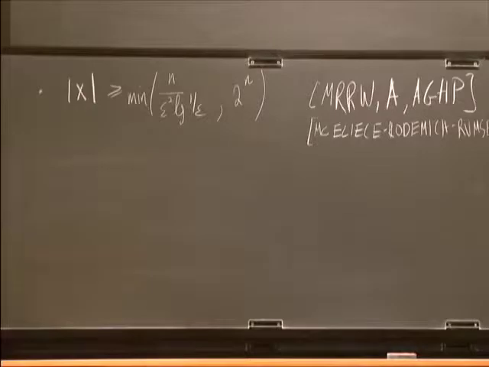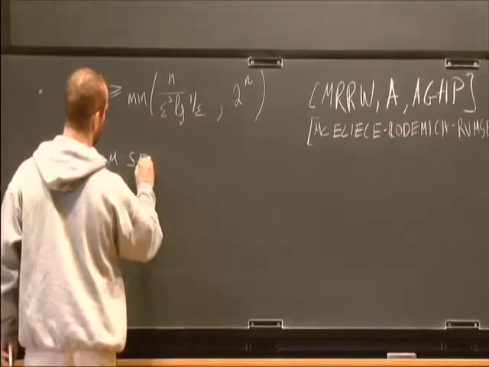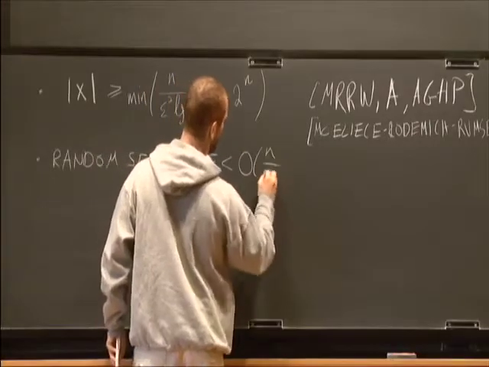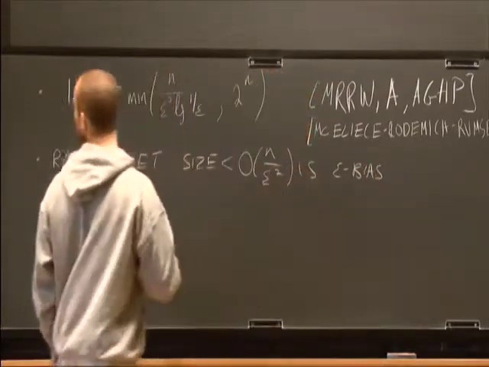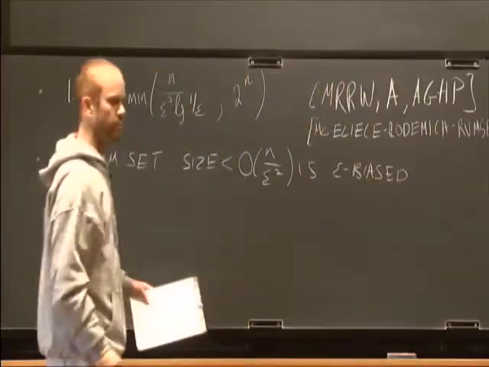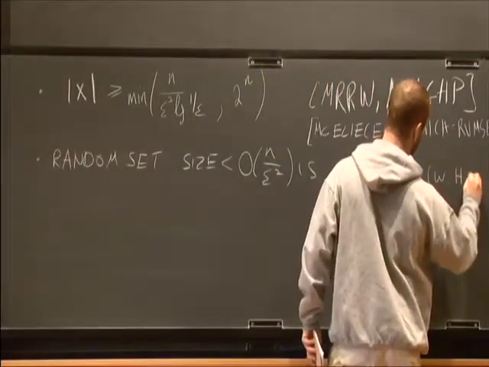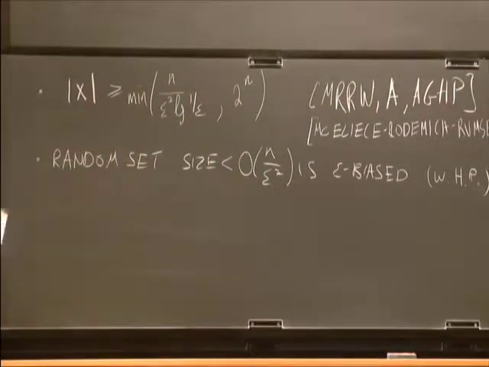Okay, so this is in terms of lower bound. A random set of this size is epsilon-biased. So there is a difference between the lower bound and the upper bound. Nobody knows, that's a big question in coding.